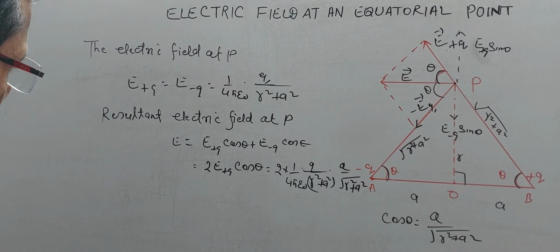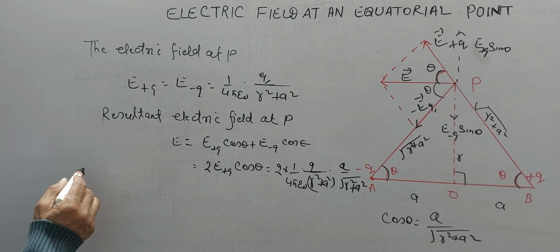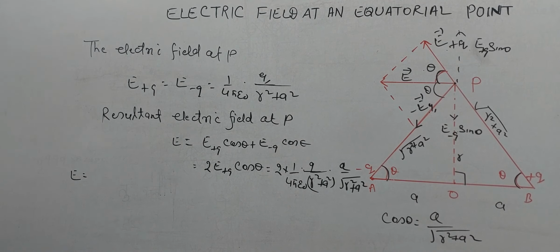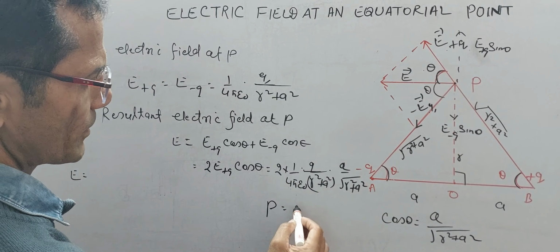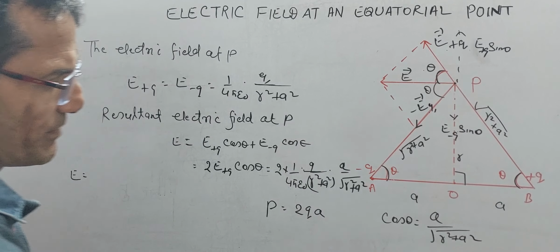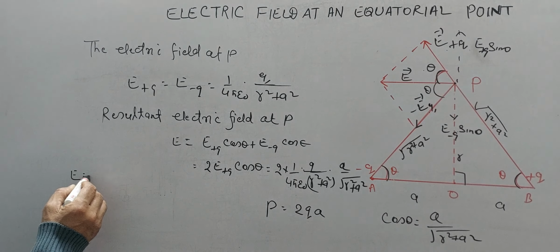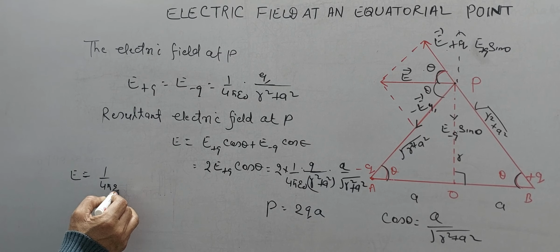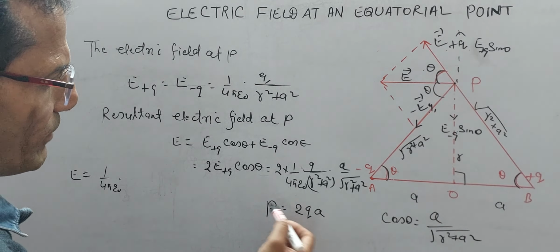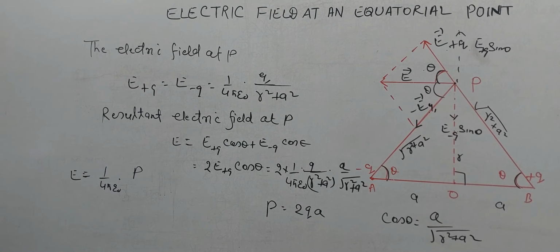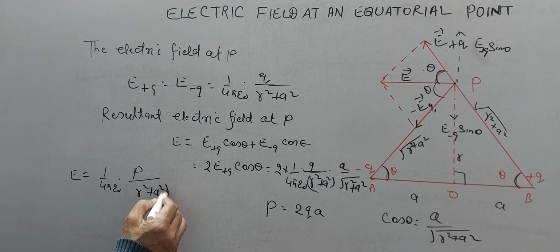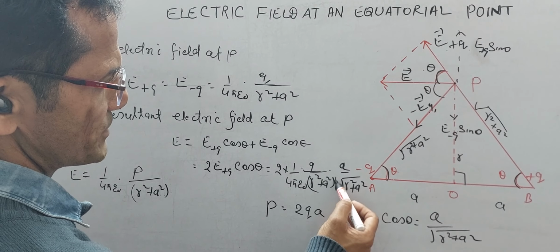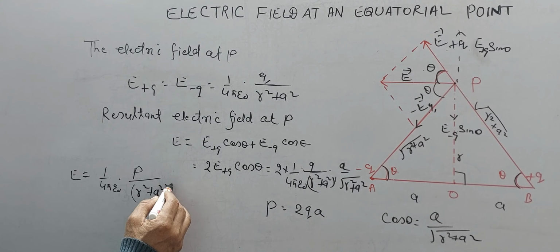Now if I simplify this, the resultant field will be, and also putting the value of p equal to twice Q into a, this is the dipole moment of the system. Now finally we have 1 upon 4 pi epsilon naught, p divided by (r square plus a square) to the power 3 by 2, since 1 plus one half becomes 3 by 2.